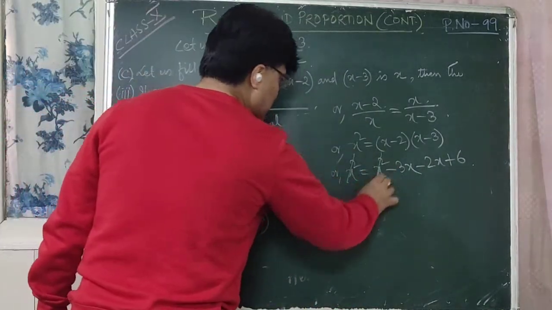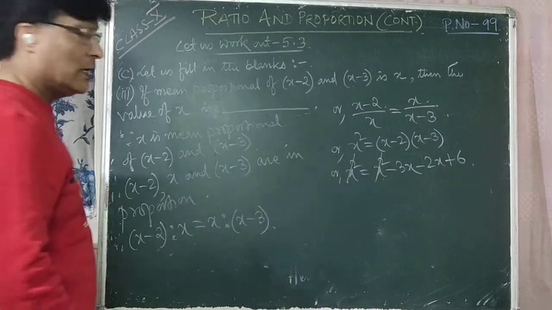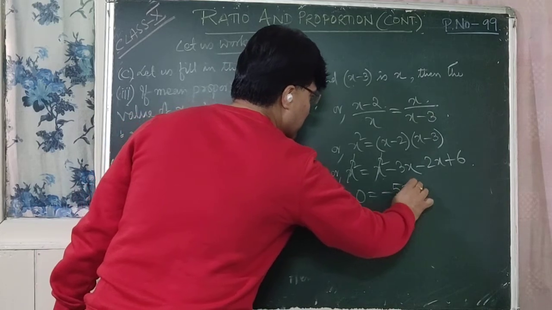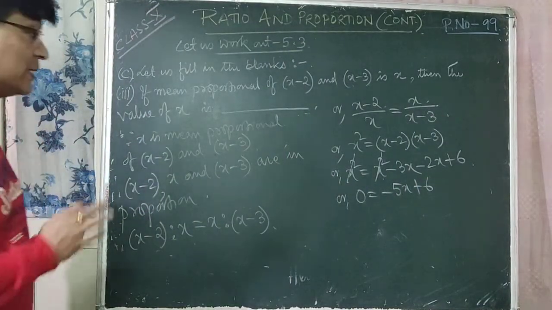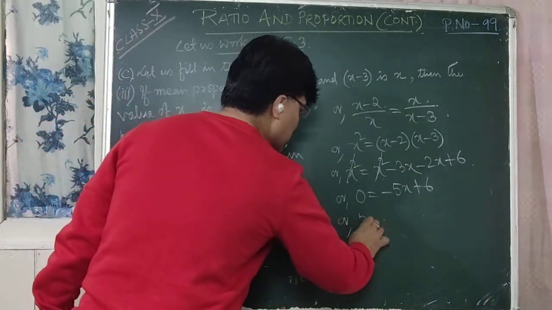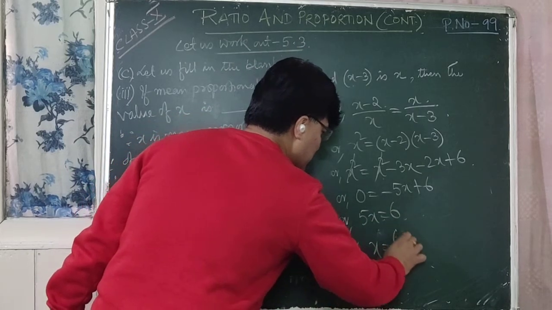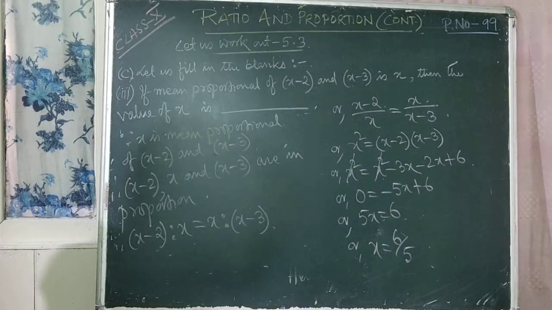From both the sides you can cancel this x square common term. Now it is 0 is equal to minus 5x plus 6. That is minus 3x, same sign you can add them, minus 5x. Now minus 5x is taken to the left hand side, that is 5x is equal to 6. What is the value for x? x is equal to 6 upon 5.